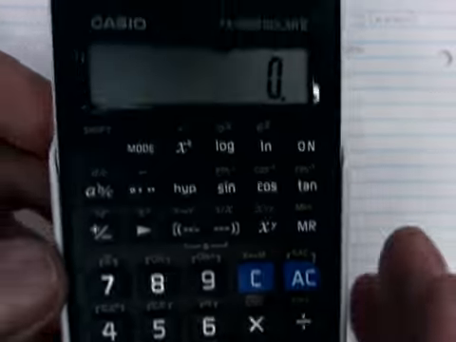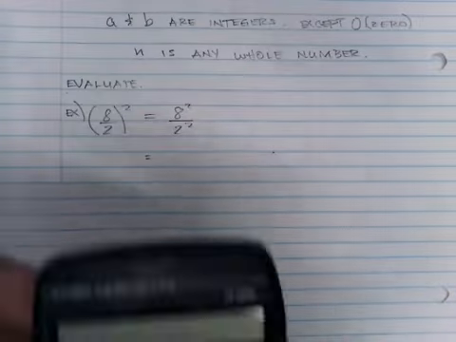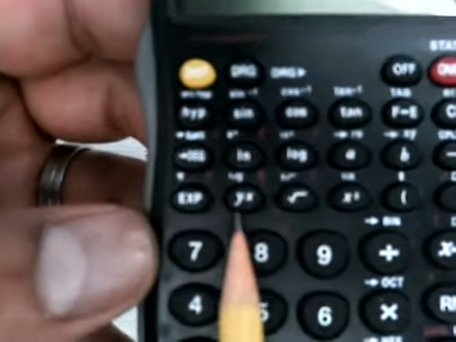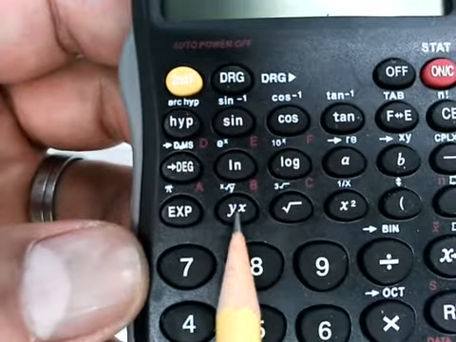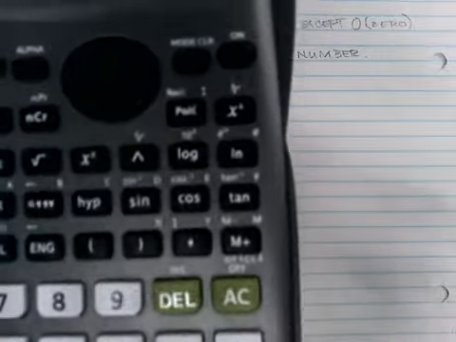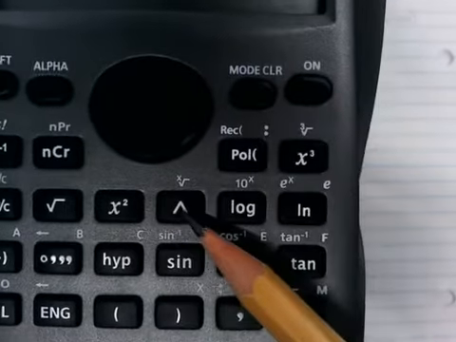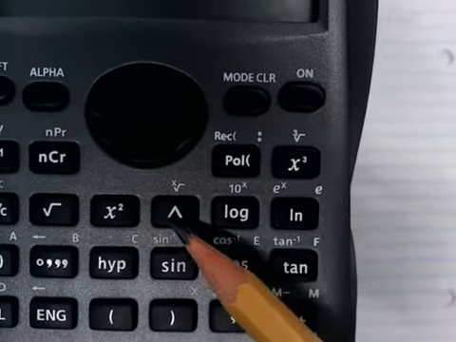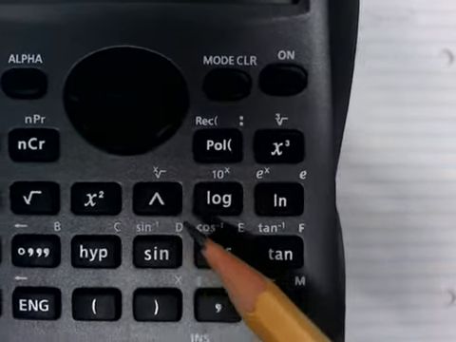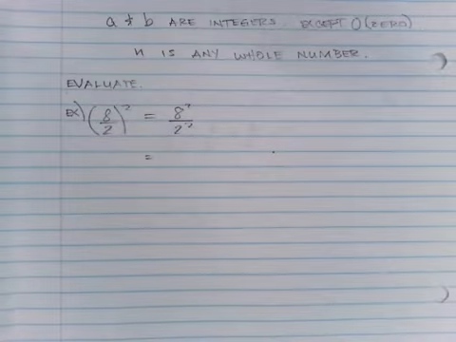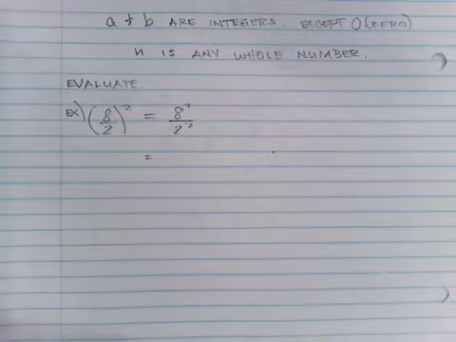On another calculator that I have, the exponent button is this button right here, y to the x. And on yet another calculator, the exponent button looks like an arrow. So you can use any of those to do your calculations with exponents.